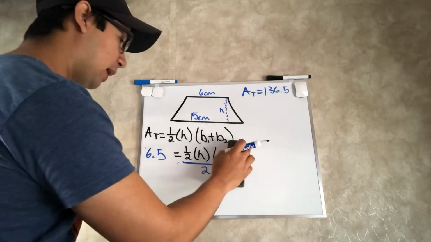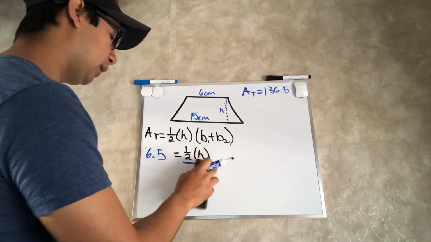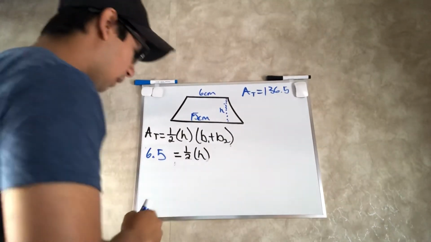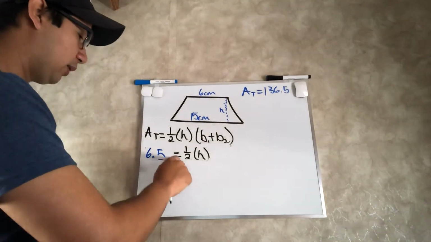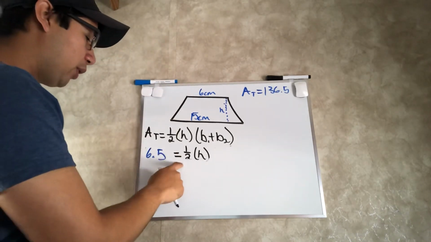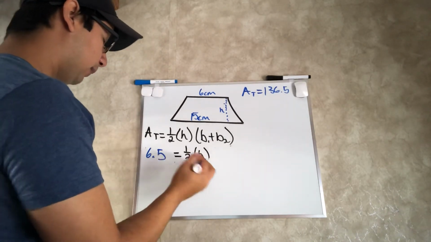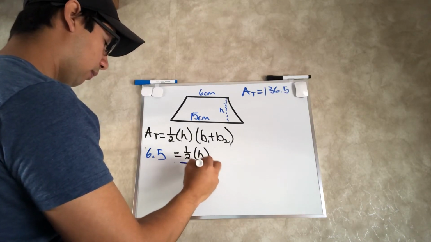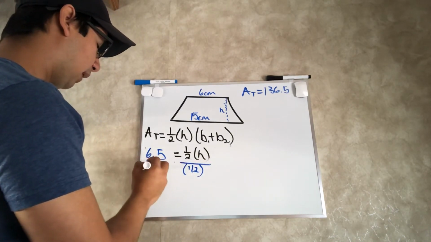They don't cancel out, it gives you 1, so they get rid of each other. And now we're left with 1/2 times my height. So what we're going to do here is divide by that 1/2.